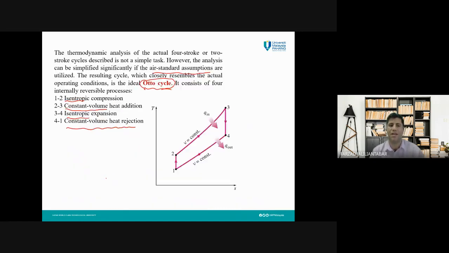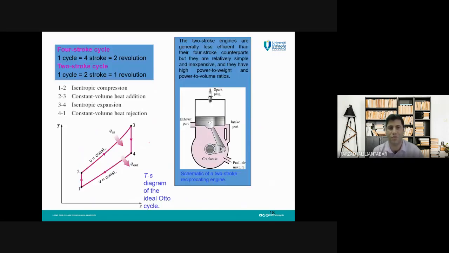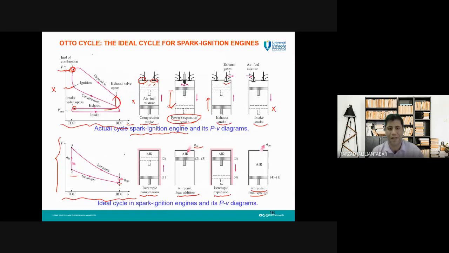So this cycle will help us to evaluate the combustion reaction in the SI engine. It will cause some errors in our calculation because we have some assumptions, but it is helpful, because without these assumptions it is not that easy to evaluate. This cycle is very important.